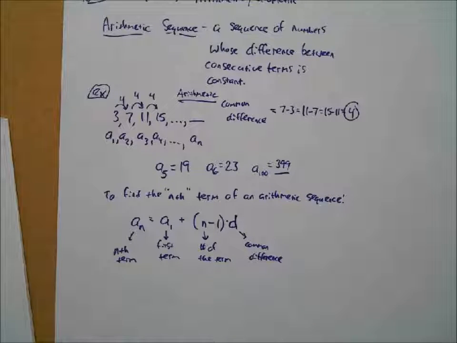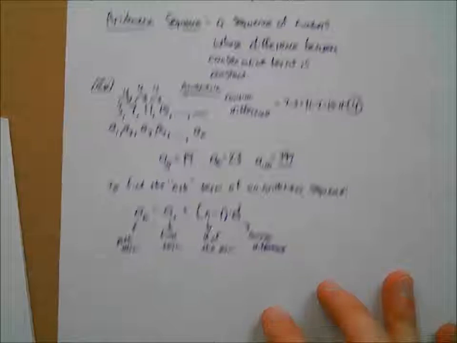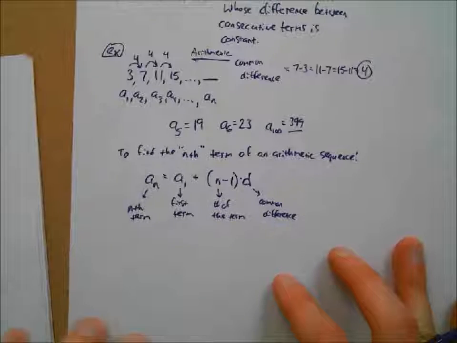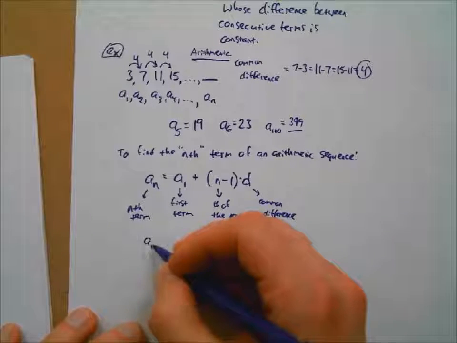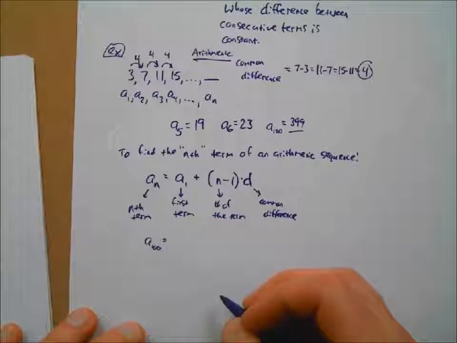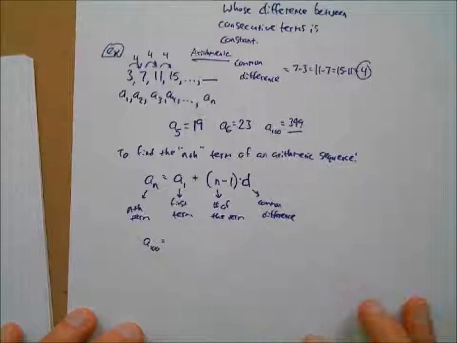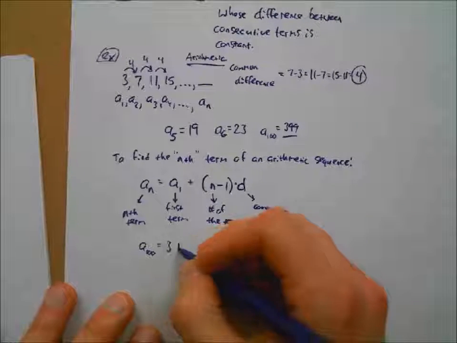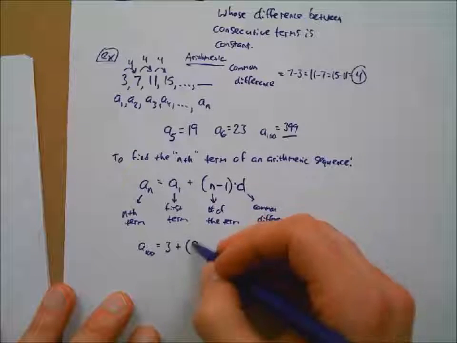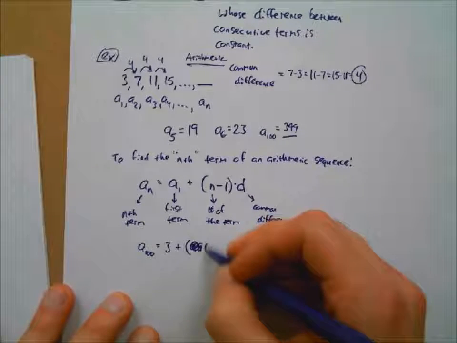But anyway, let's check to make sure that Parker and Julia were correct in their thinking. So let's use the formula. If we want to find the 100th term from our sequence, what was the first term? 3. And we'll add to that the number of the term, so 100 minus 1.